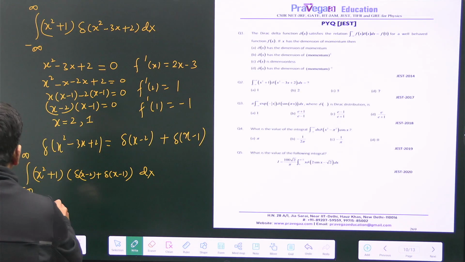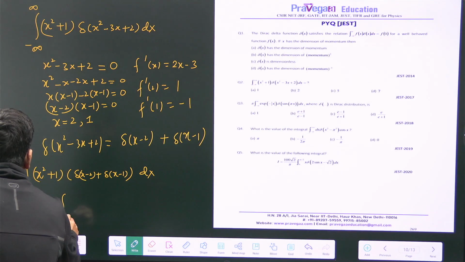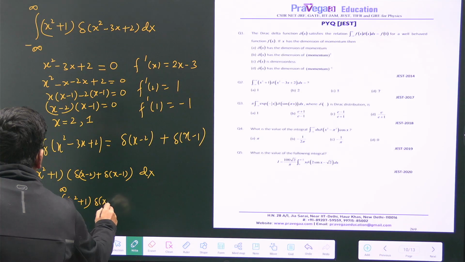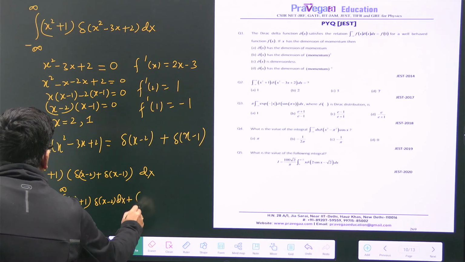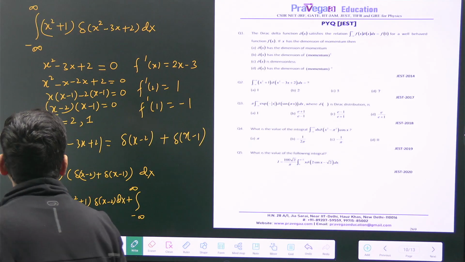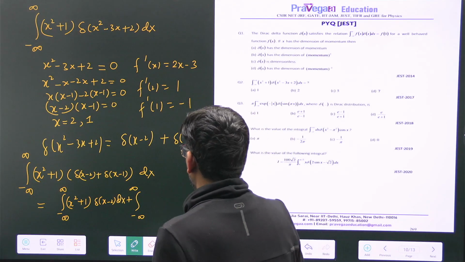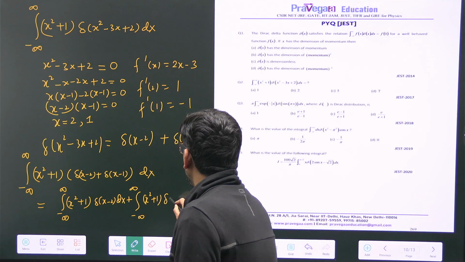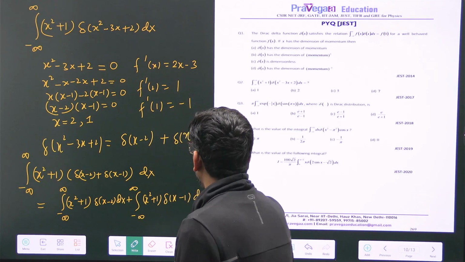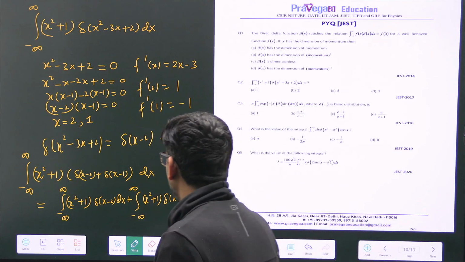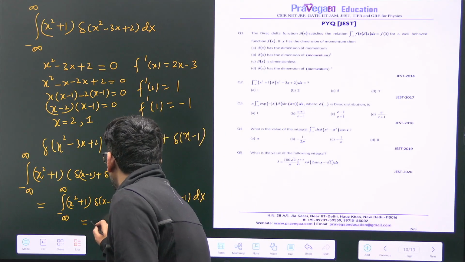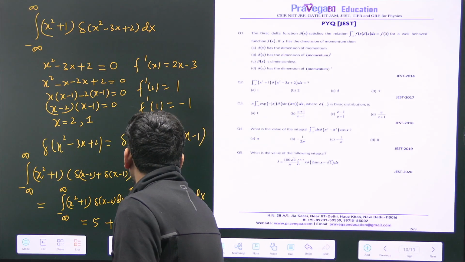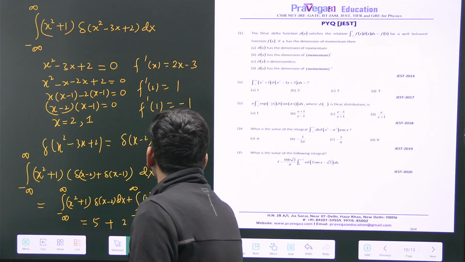So it will become integral of (x square plus 1) delta function (x minus 2) dx plus integral of (x square plus 1) into delta function (x minus 1) dx. Now this will become, बताओ भाई, 5 and this will become 2. So answer is 7.